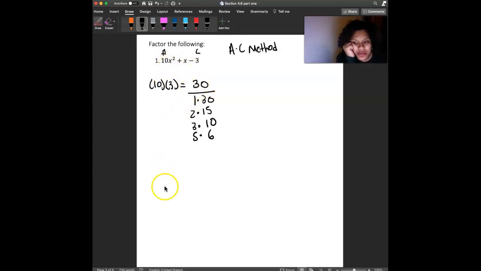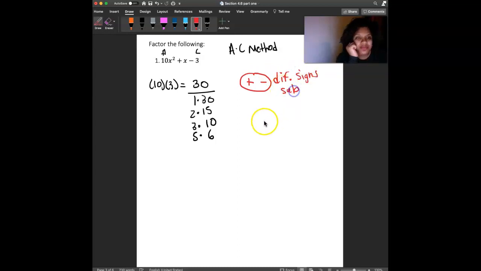So first I need to say, okay, what are my signs? First sign is positive. A positive times a negative is a negative. So that means I'm going to have different signs, which means I'm going to subtract, right? So which of these 2 numbers will subtract to 1?